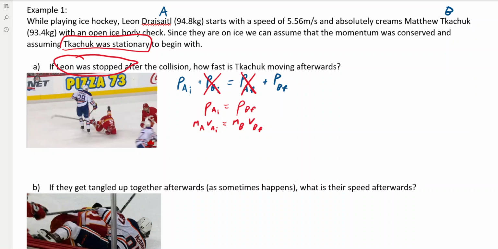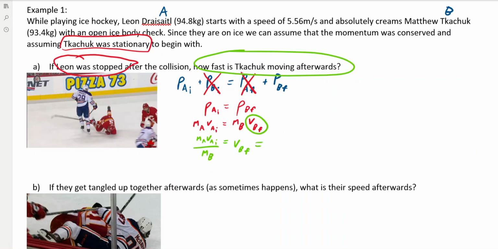What are we looking for? We're looking for how fast Tkachuk was moving afterwards. So we're looking for this one. What we're going to do is move the MB over, so we go like this: MAVAI over MB equals VBF.